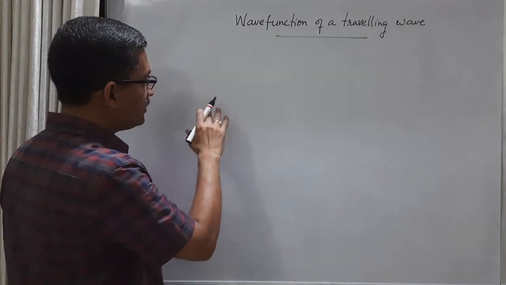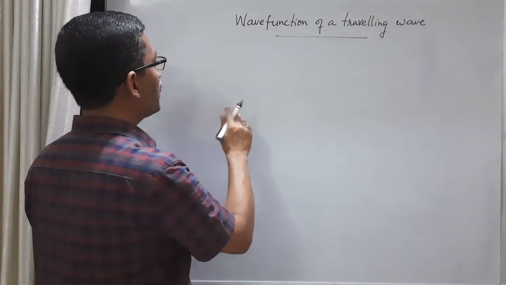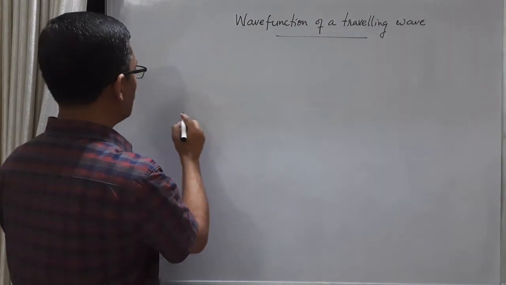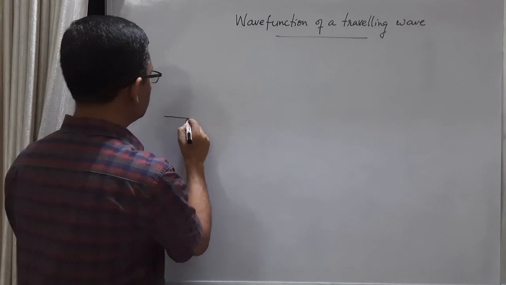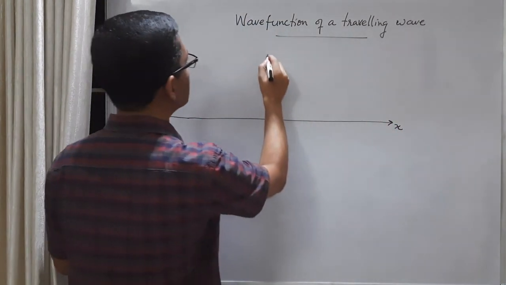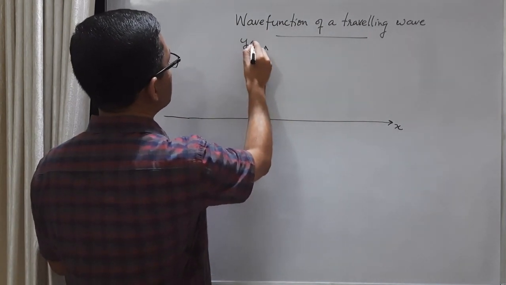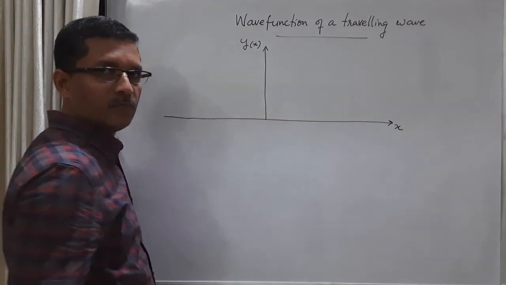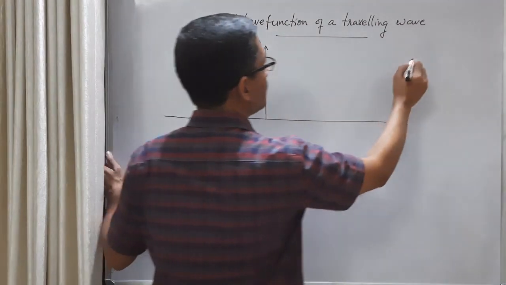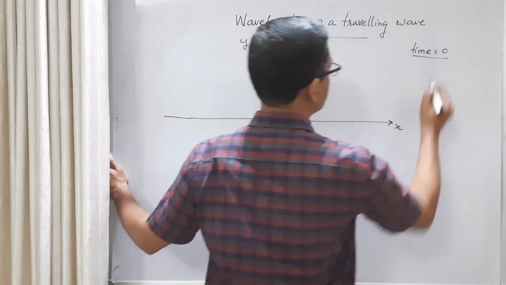So let me plot this wave, this entire wave or a part of the wave at time 0. So this is the x-axis, and suppose the wave function is given by y, which is a function of x, and here we are taking the snapshot at time 0.